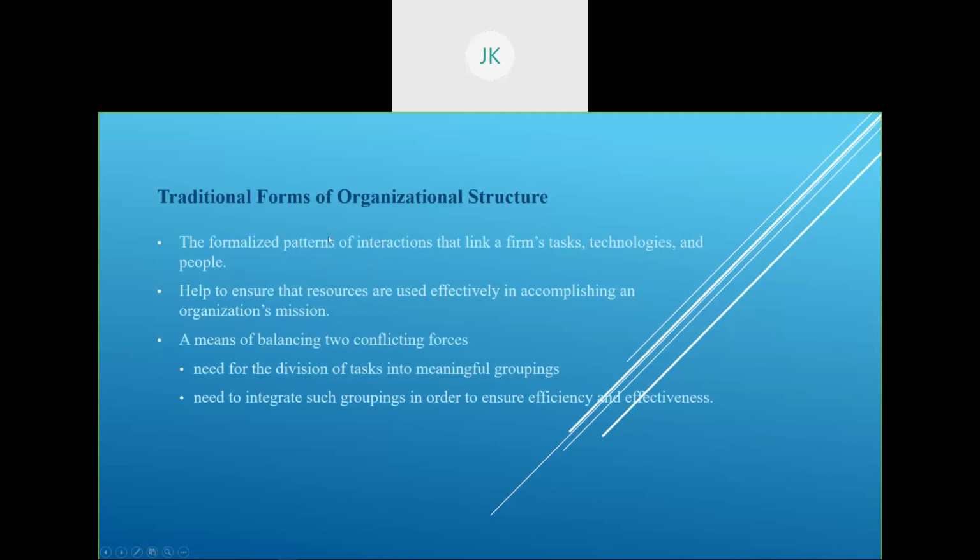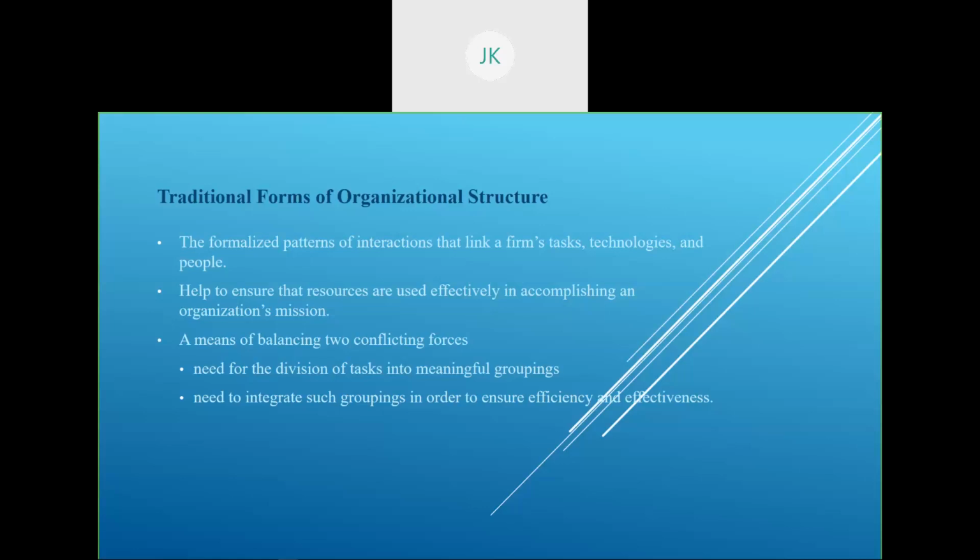So structure is a formalized pattern to accomplish the organization's goal or mission, to effectively use resources, employing human resources, technology, material, and so on.